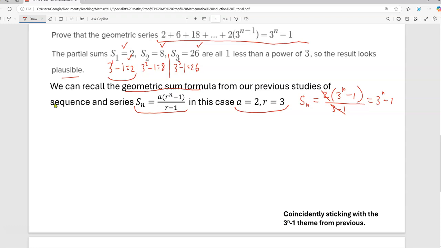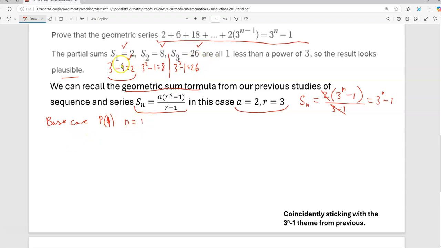Okay, so first thing we need to do is identify what the base cases are. So I guess we can say that the base case is when n is equal to 1. We already kind of did that up here. So the base case, if we want to put the propositional notation, was where n is equal to 1.